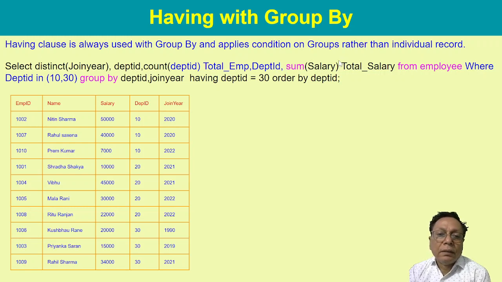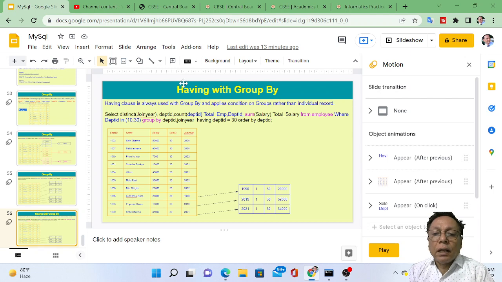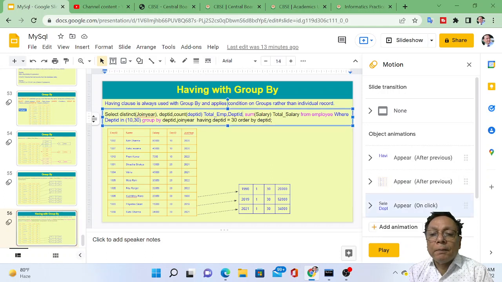Select join year, department ID, and count department ID as total employees, meaning how many employees are in the department. I'm removing the extra department ID because it is already there.